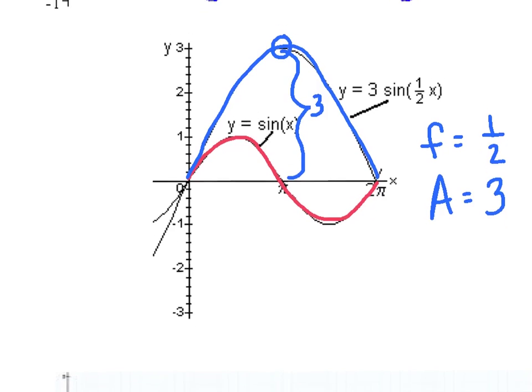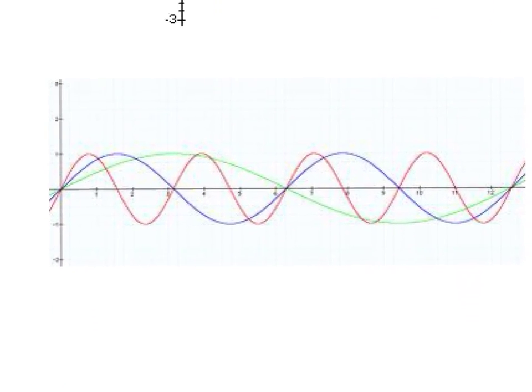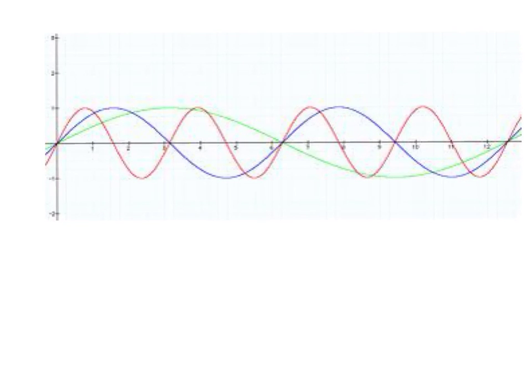I think I've got one more picture here. Yep. All right. A little blurry here. Don't worry about copying this one down, but I wanted to compare and contrast. Let's assume that that's 2 pi right there. So then this right here is pi. All right, so ignore what's on their x-axis and just go with pi and 2 pi.